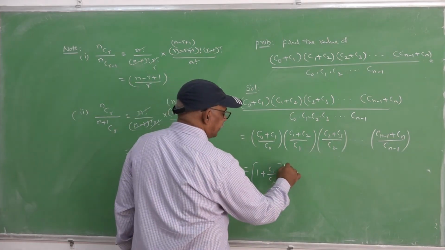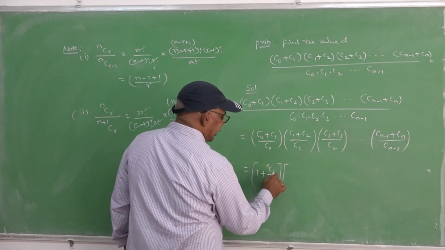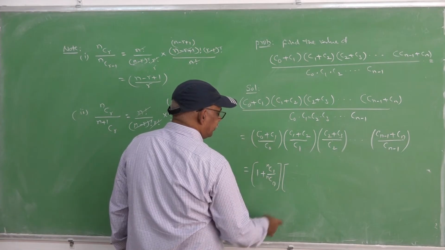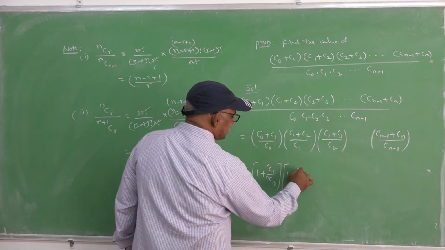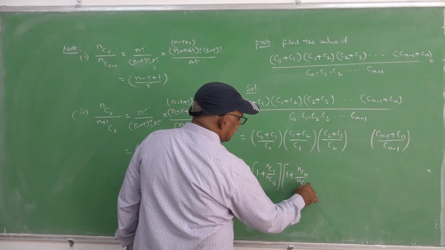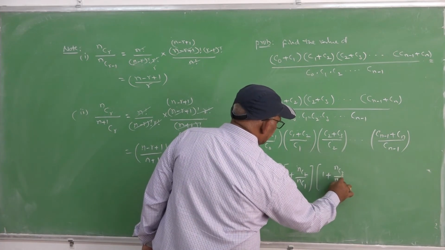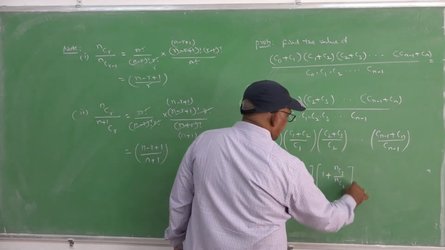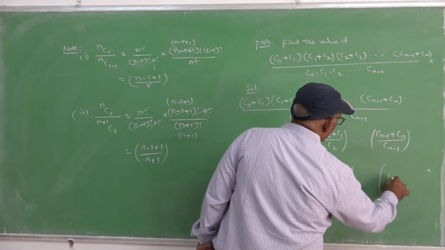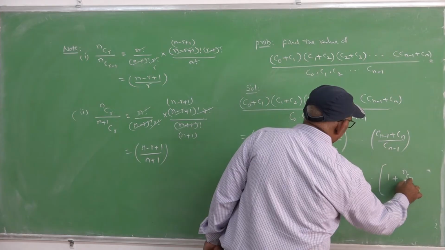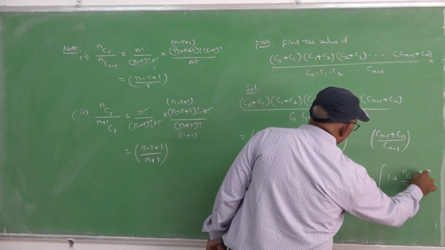Like that. Similarly, this is 1 + nC2/nC1. This is 1 + nC3/nC2. And so on, 1 + nCn/nCn-1.